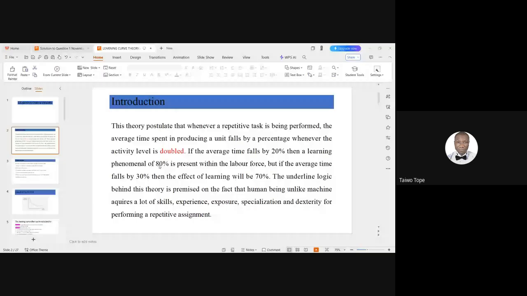For example, if you perform a task and the hours fall by 20%, you can say the learning rate is 80%. So if the learning rate is 80%, it means that every time production doubles, it takes 80% of the previous time to make the next unit.